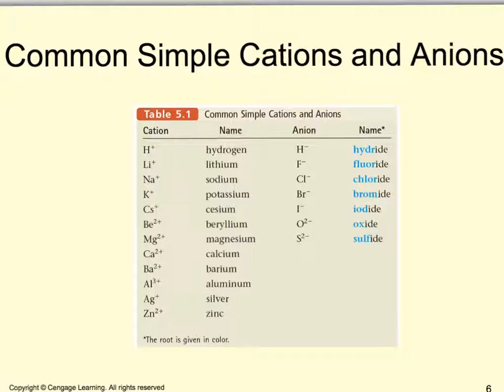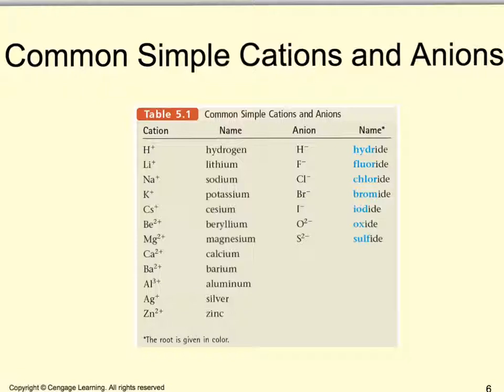Now here we have a chart of some simple cations and anions that you're going to run across on a typical chemistry worksheet. The cations I'm not too worried about. I believe you won't have any difficulty with that. But let's take a moment and look at the anions. A hydrogen with a negative 1 charge is hydride.